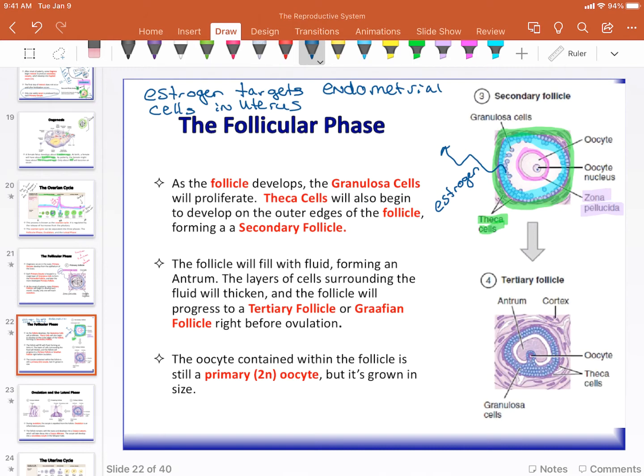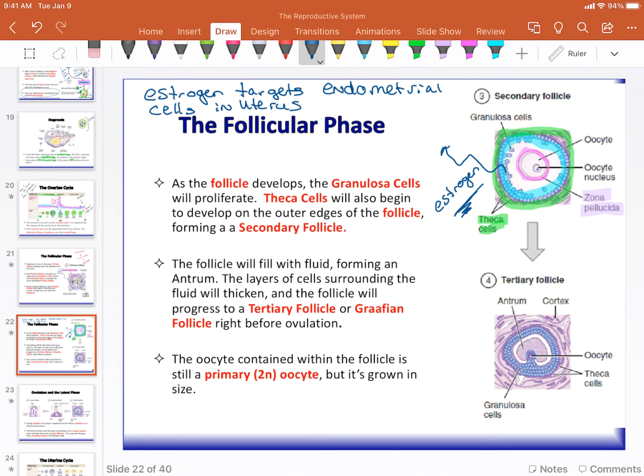Because we have more than one follicle developing at a time, we get more estrogen. And as those follicles continue to mature, the level of estrogen increases. And so we begin to produce more and more estrogen as these follicles mature.